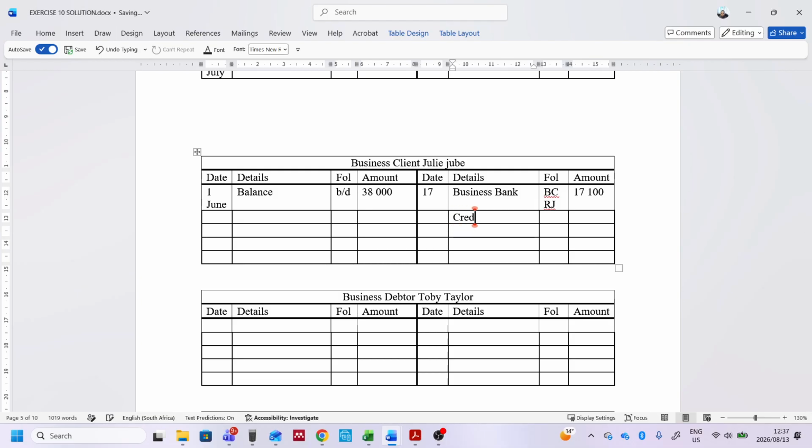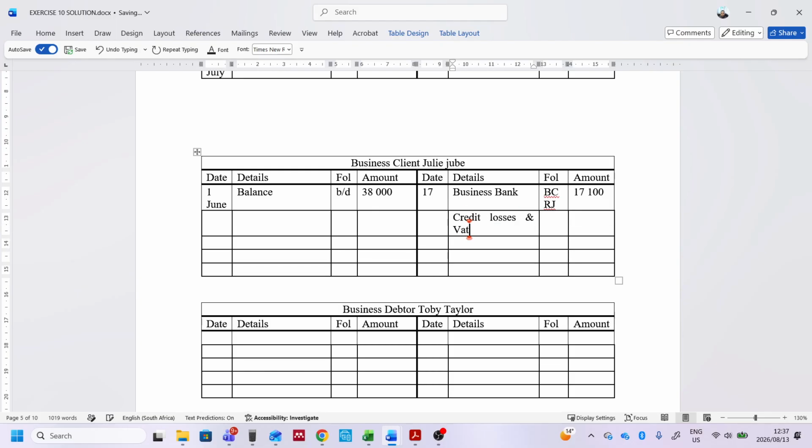Then we debited what? Credit losses and VAT account. This was all recorded in which book? General Journal. The total amount that we're no longer receiving from this client, that we lost as credit losses, was 20,900.